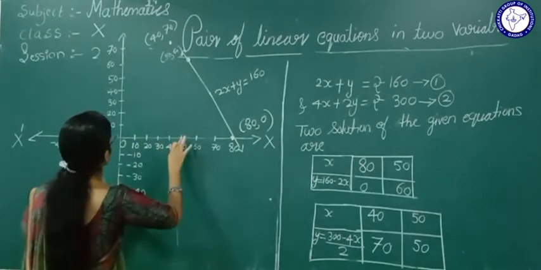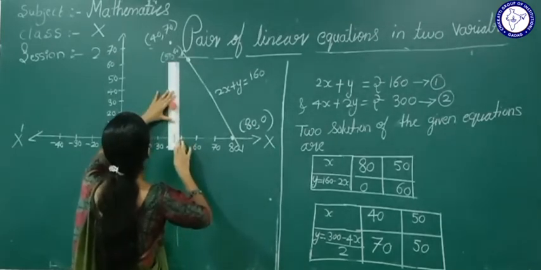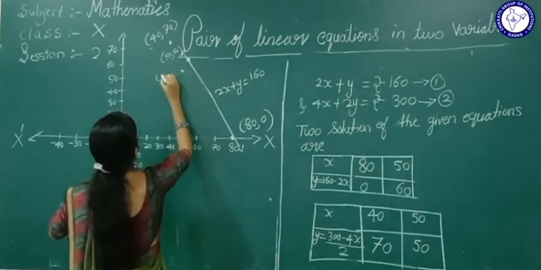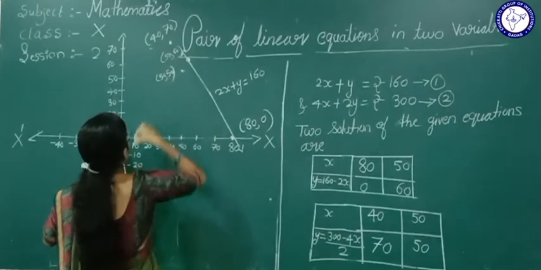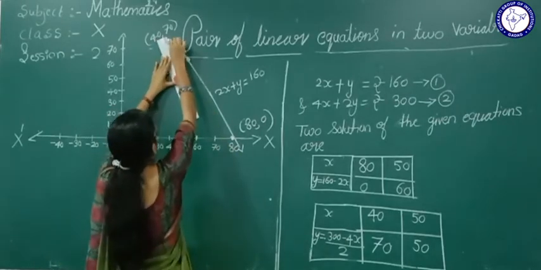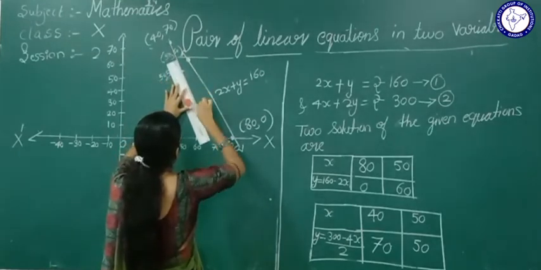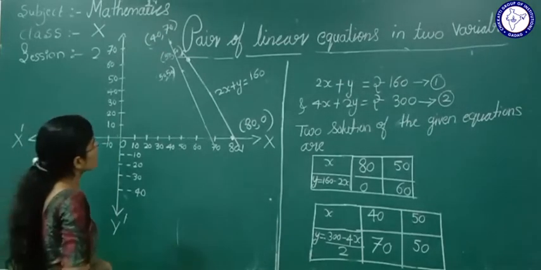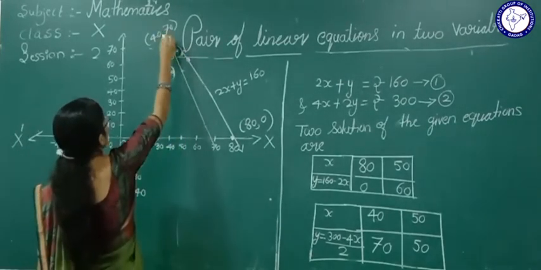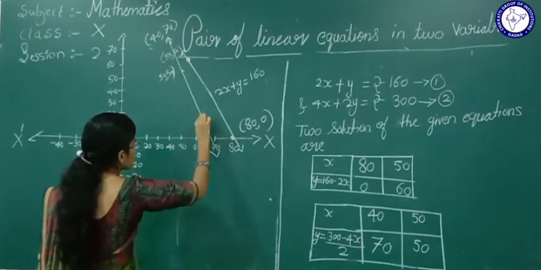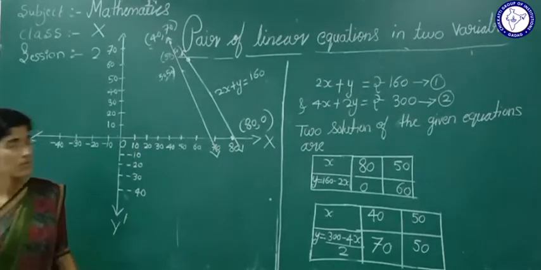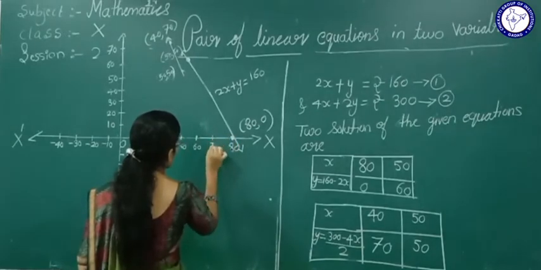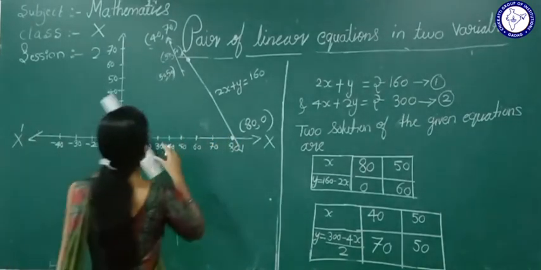When x is 50, y is 50. Now we will join these points with a straight line.